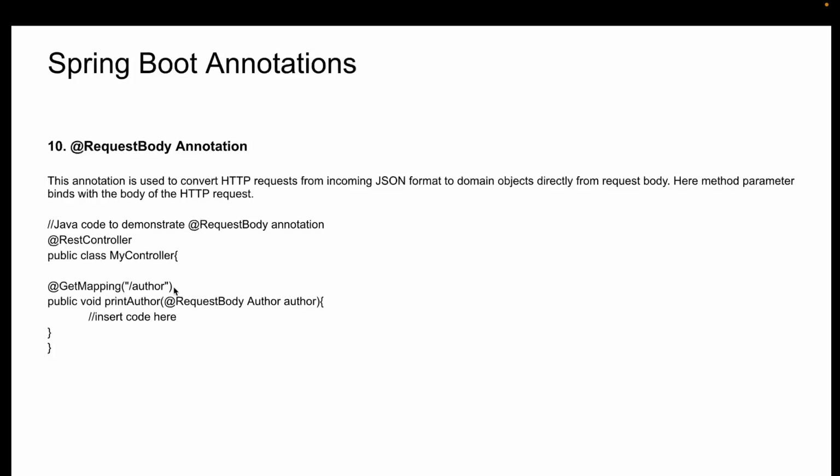Means we are trying to hit an HTTP request, and in that HTTP request we are passing this payload. Means we will be passing, let's say, ID, name, and address of the author in that JSON format. So if we want to pass something along with our request, we can use this request body.